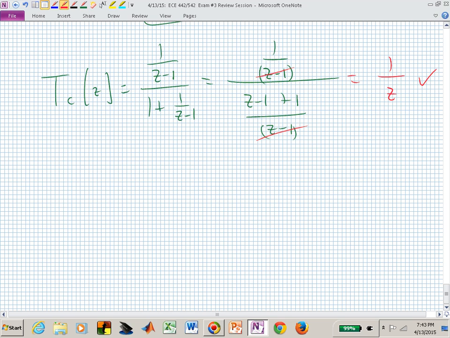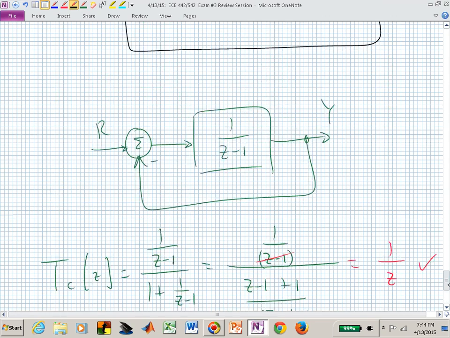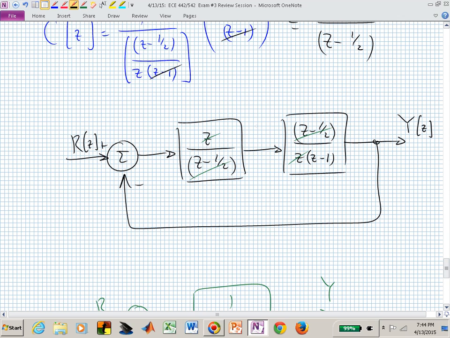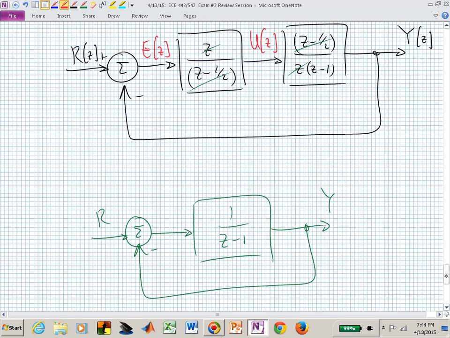If I said, give me the difference equation for that controller in the system, now you could say, oh, C of z, which was U of z over E of z, meaning here is our U of z and here is our E of z. I want to know what's the difference equation that relates the error to the input to our plant.